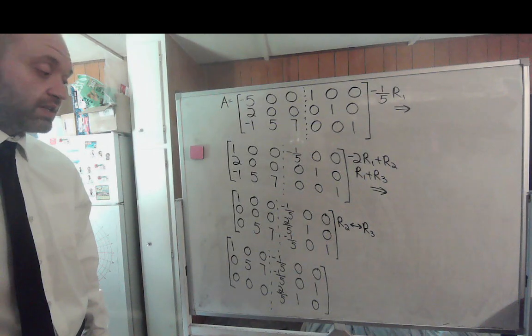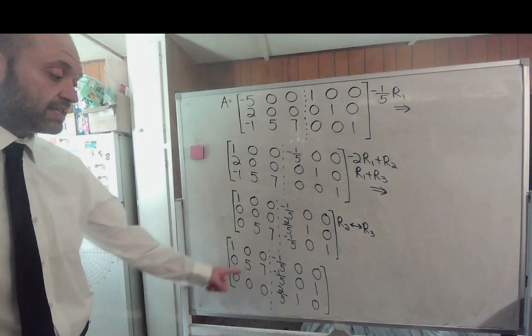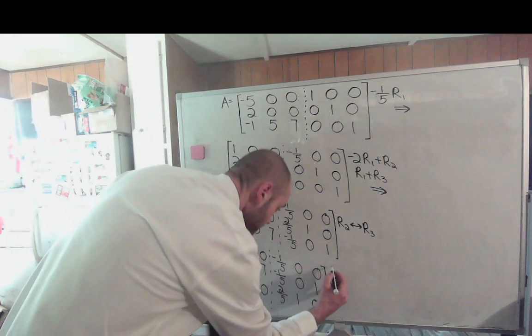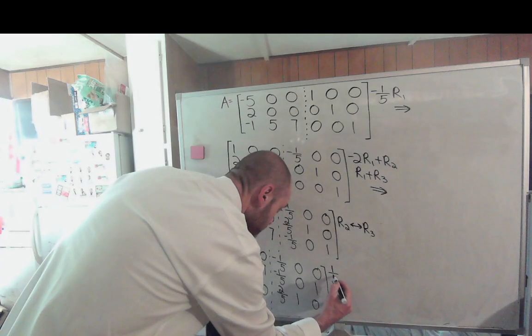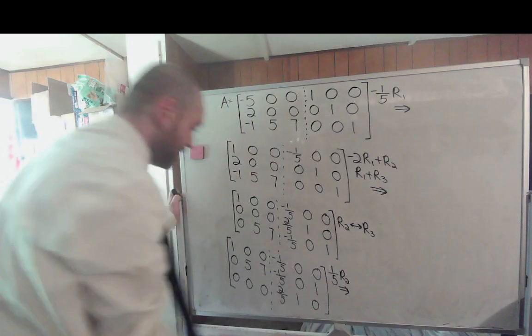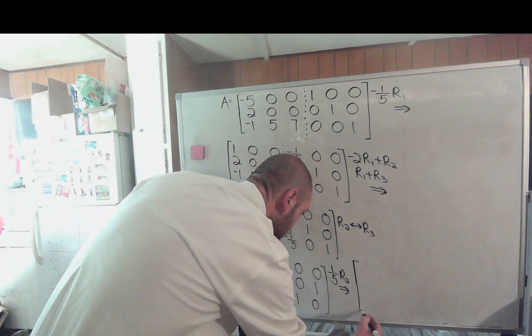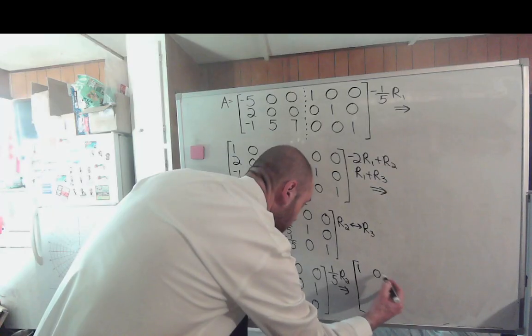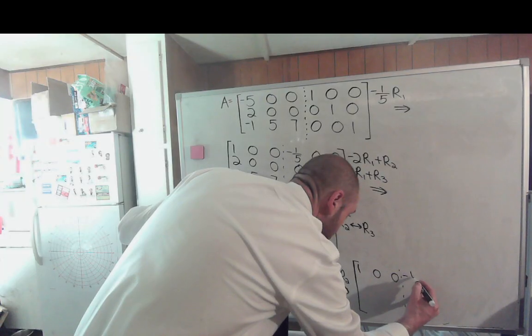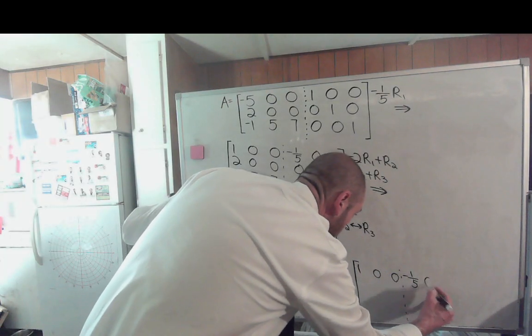Well, the only other thing left we can do is make that leading digit in row 2 be a 1. So if we just take 1/5 of row 2, we can do that. Let's see what we get. So you'll end up with 1, 0, 0, negative 1/5, 0, 0.